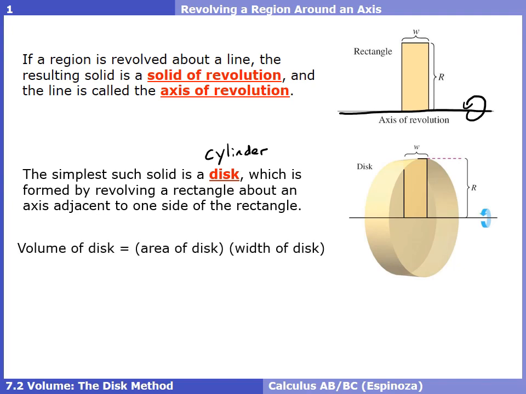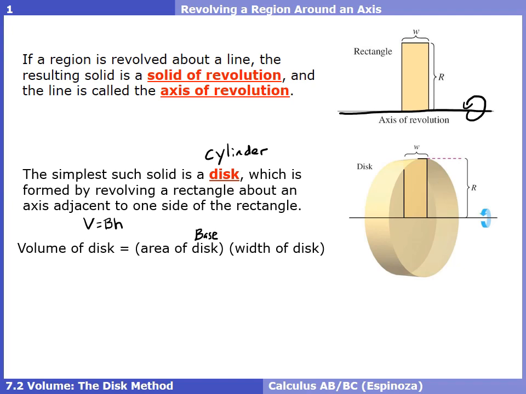Well, that would just be a matter of taking the area of the disk, or the area of the base, if you want to remember how to find the volume of three-dimensional shapes. The volume would be the area of the base times the height, so here it's the area of the disk times the width of the disk.